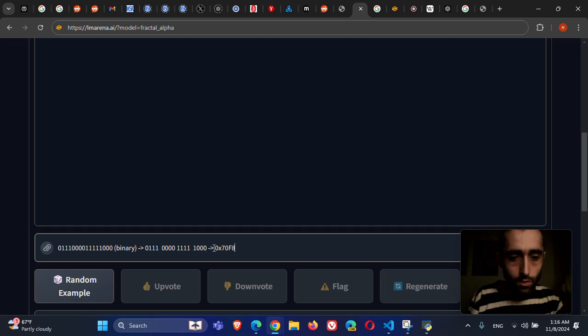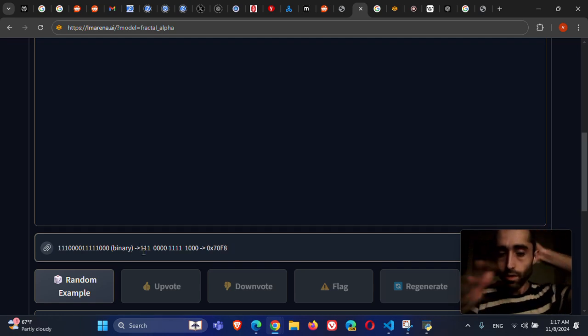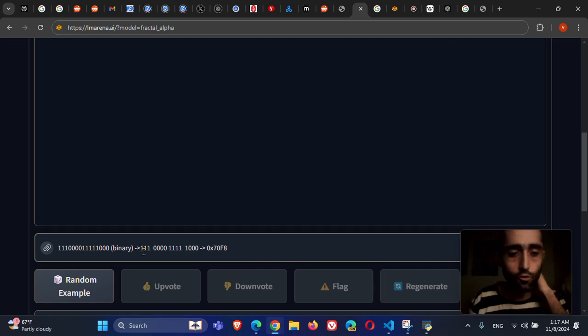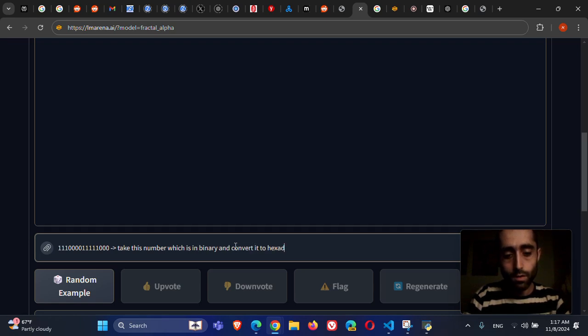Let's try to give it to the model, but without this it will be harder, so it won't be really divided by the 0. The model should add this 0. Let's try to give it to GPT-4o mini, and for this and for Claude, let's see. Take this number which is in binary and convert it to hexadecimal.